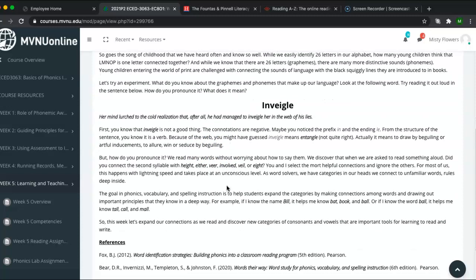Now, there are many words that we can pronounce without worrying about how to say them. We discover that when we're asked to read something aloud.